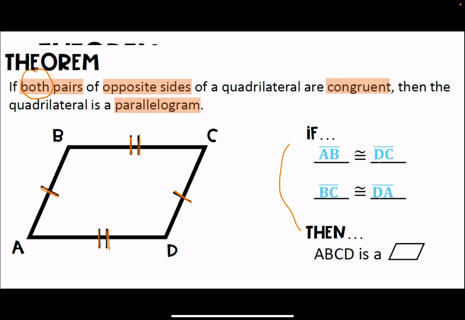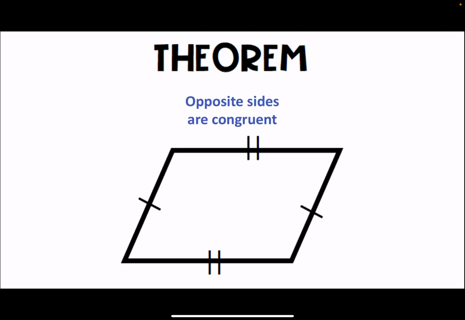And the converse is also going to be true. If quadrilateral ABCD is a parallelogram, then AB and DC are congruent, and BC and DA are congruent. All right, so you guessed it, on the front, we're going to write both opposite sides are congruent, and its converse.